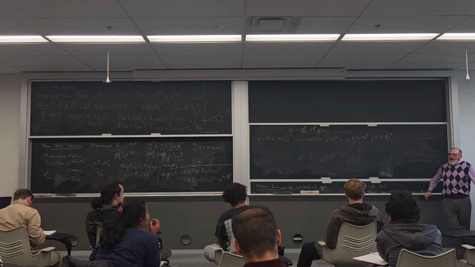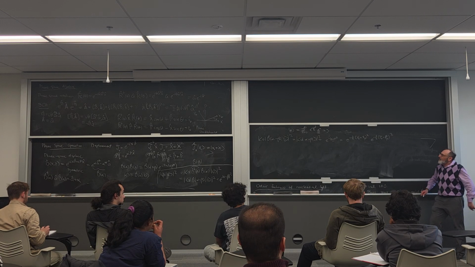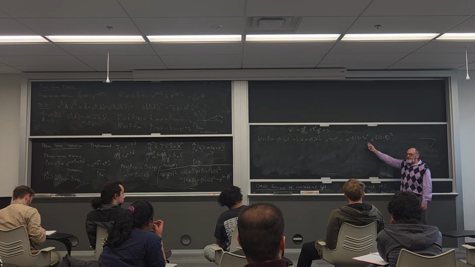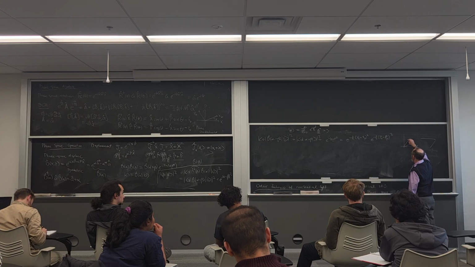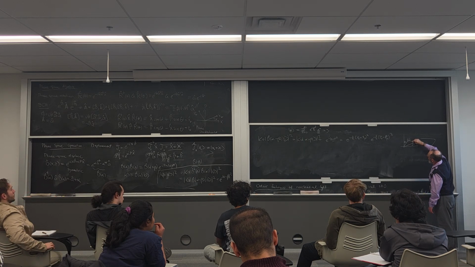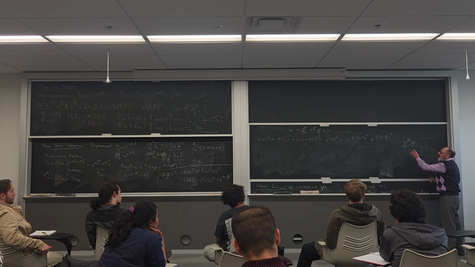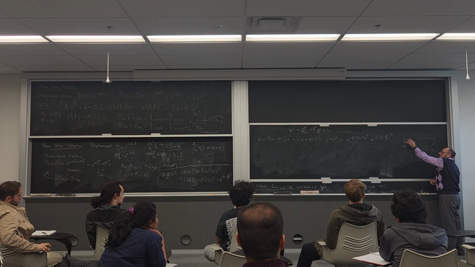So the overlap between two coherent states falls off very rapidly, depending on how far they're separated compared to their uncertainty.